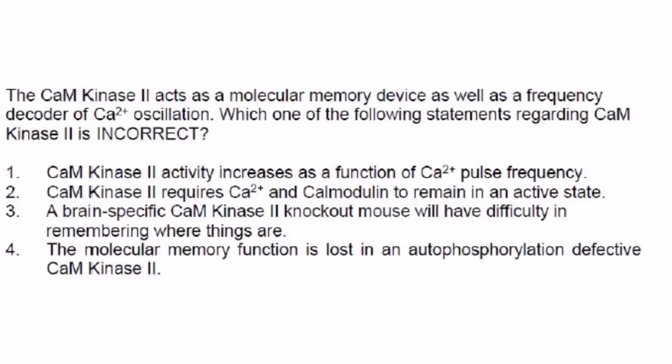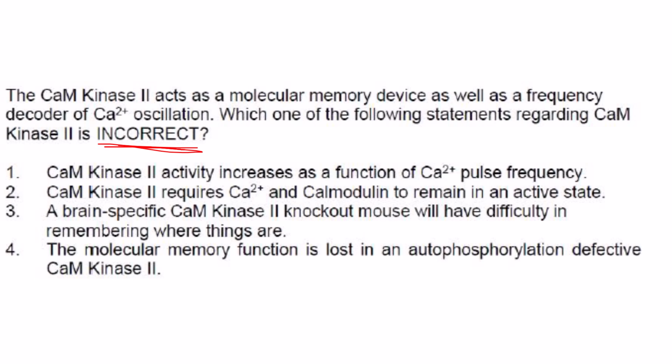Okay, next question. The CAM kinase 2 acts as a molecular memory device as well as a frequency decoder of Ca2+ oscillations. Which one of the following statements regarding CAM kinase 2 is incorrect? So they have asked for the incorrect statement. Now what is this CAM kinase 2? It is a Ca2+ calmodulin dependent protein kinase, and it is involved in various cellular processes in the brain, and they have told it is involved in the molecular memory device in the brain.